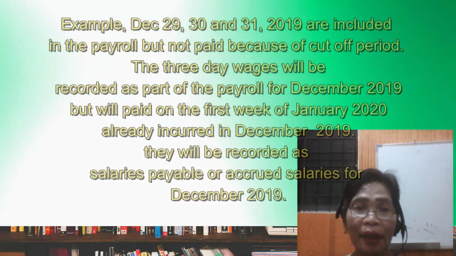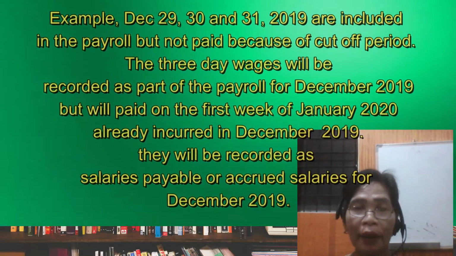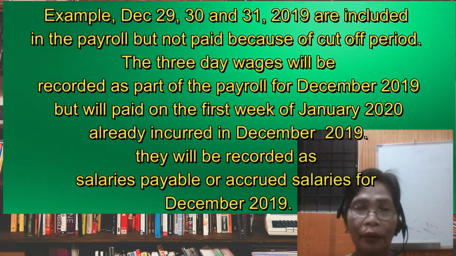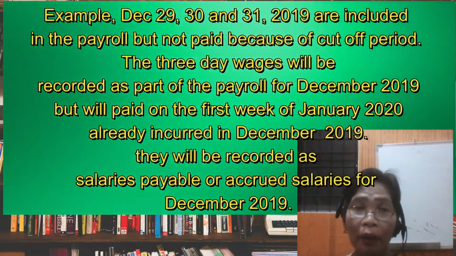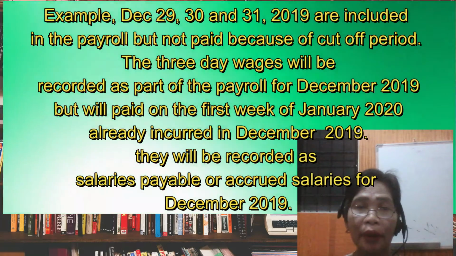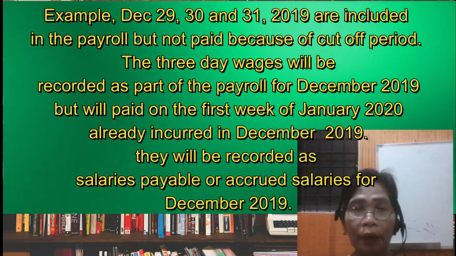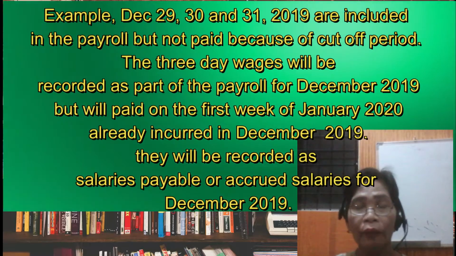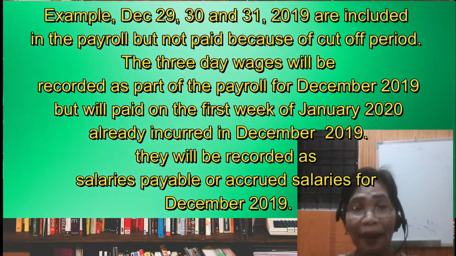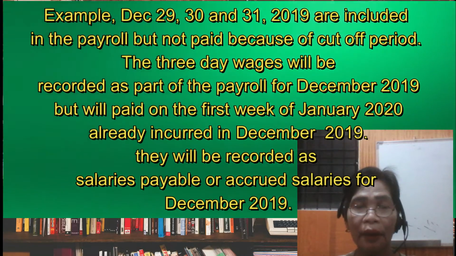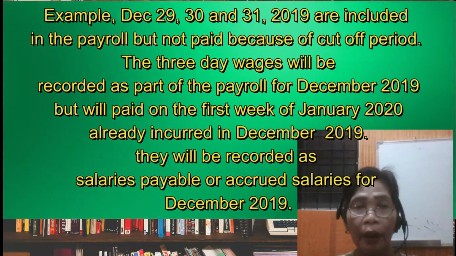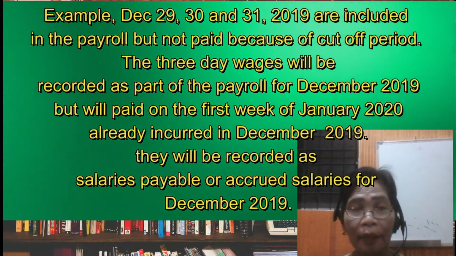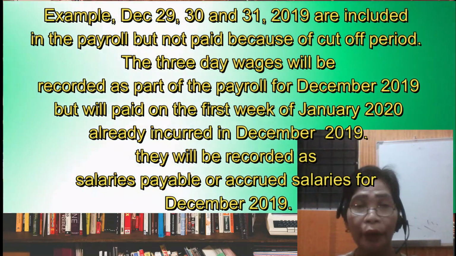So what is an interesting example of accrued expense that we usually encounter? It is unavoidable. One good example is the accrued salaries or the accrued payroll. Say, for example, you are paying your employees daily, and it happens that there are 3 days in a month which were not included in your disbursement because there is a so-called cut-off.